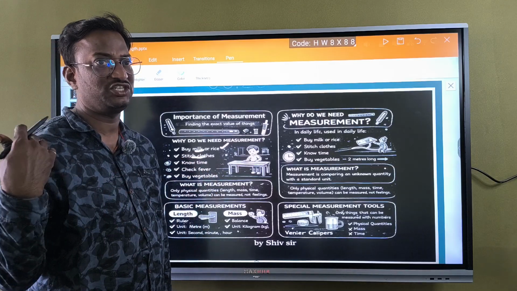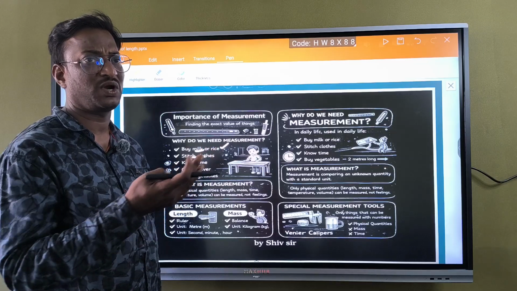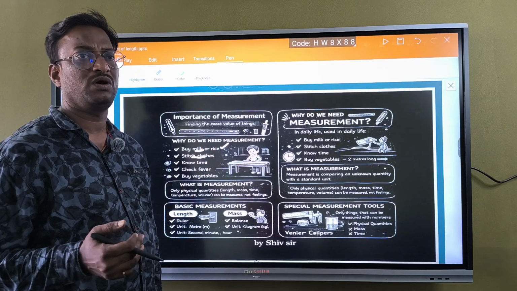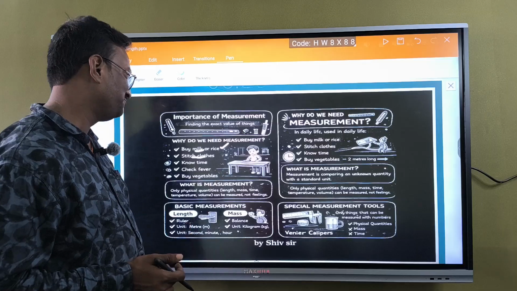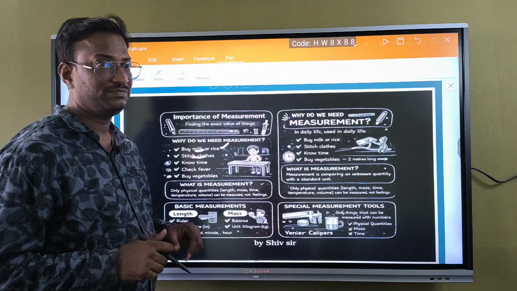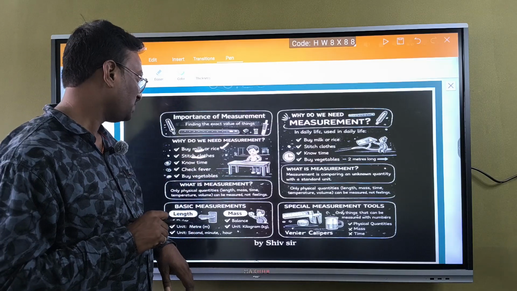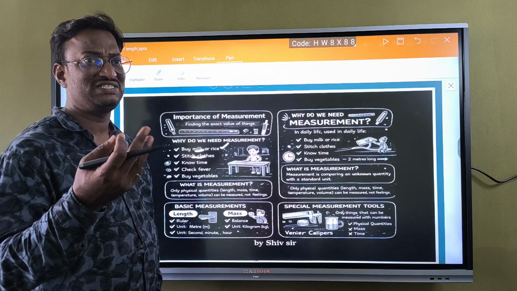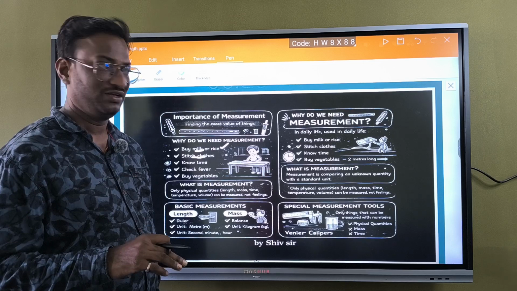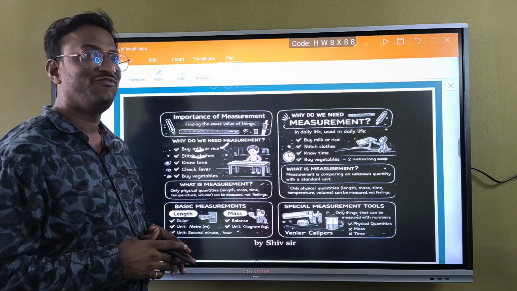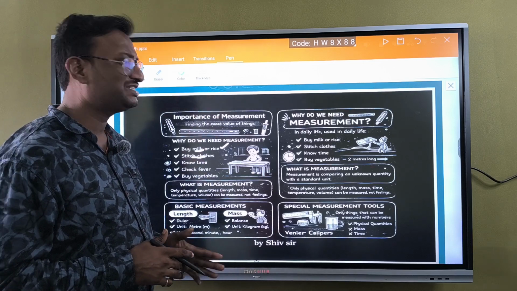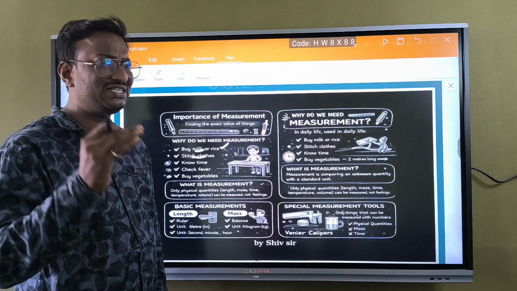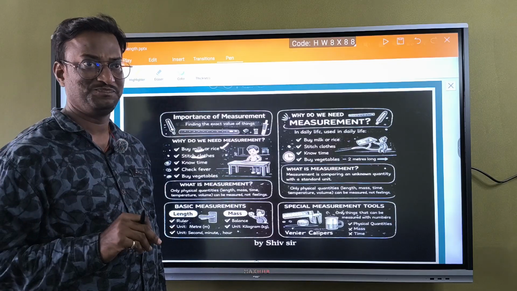For a shirt or pant, we take some cloth to the tailor in order to stitch. To know the time, what is the time now? To check the fever, you go to the doctor and he will say you have that much fever. And to buy vegetables. For all these things, you need some instrument, you need some measurement, you need some quantity.